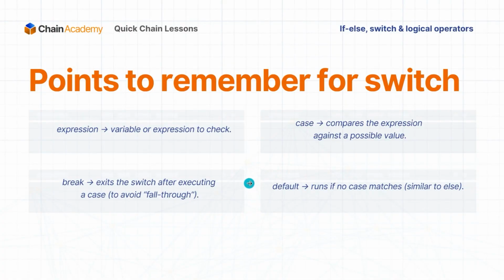First, a switch statement should have an expression, a variable or expression to check. It should have the case, which will compare the expression against a possible value. It should also have a break, which exits the switch after executing a case to avoid fall through. And we should also have a default, which runs if no case matches, which is similar to else.